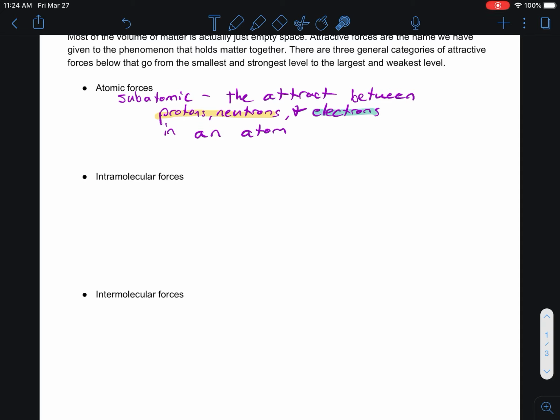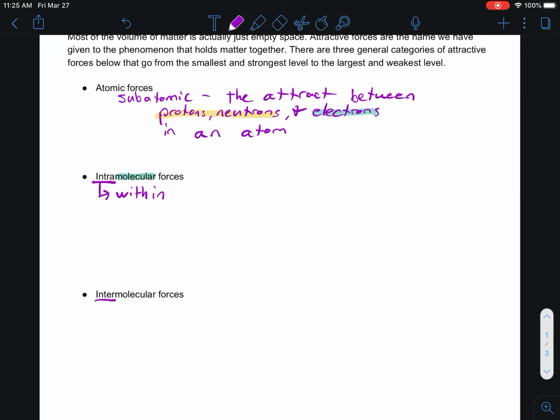Next, intramolecular forces. What I want you to do is underline the word intra, underline the word inter. Let's define that so you can remember these two apart from each other. Intra means within. So it's within the molecule. These are the forces of attraction that are within a single molecule.